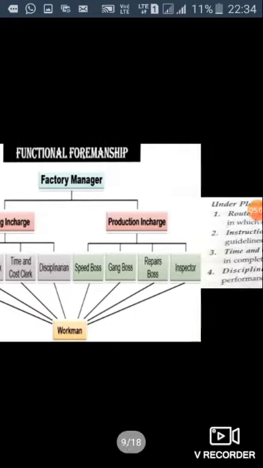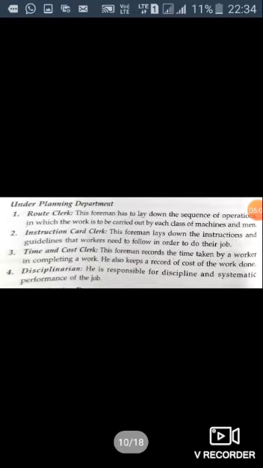Okay, so let us see who the people under the planning department are. Route clerk. What is the route clerk doing? He is laying down the sequence of work, which work is to be performed first, which work second. The whole work is split into small little jobs. So what should the sequence be? 1, 2, 3, 4, like that. He is the one who decides the sequence of the work.